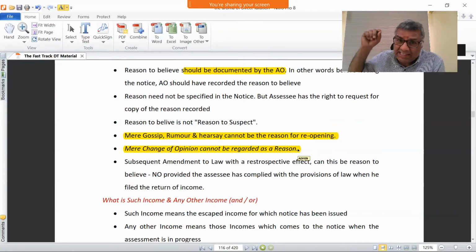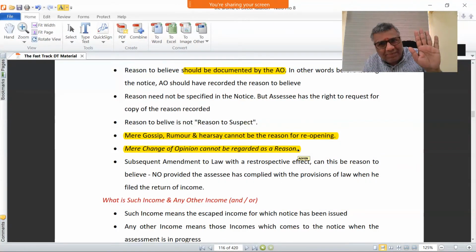Please write the same words in quotes in the examination. That's the questionable area. Mark. Mere change of opinion will not amount to reason to believe. You should have new evidence.